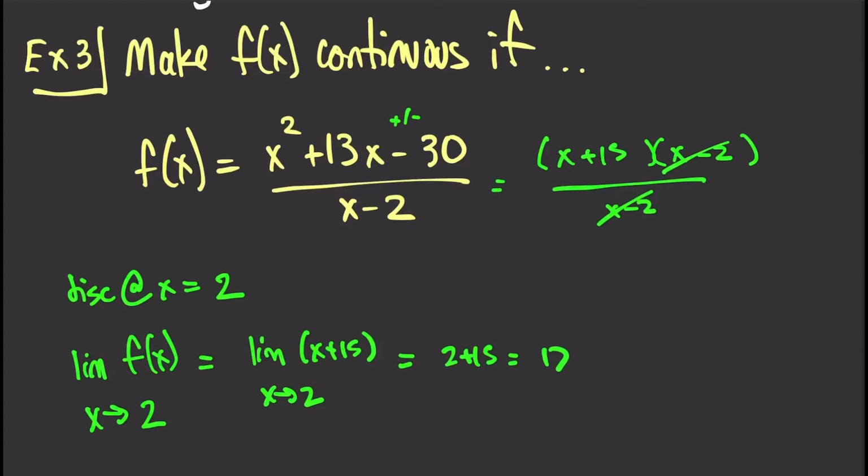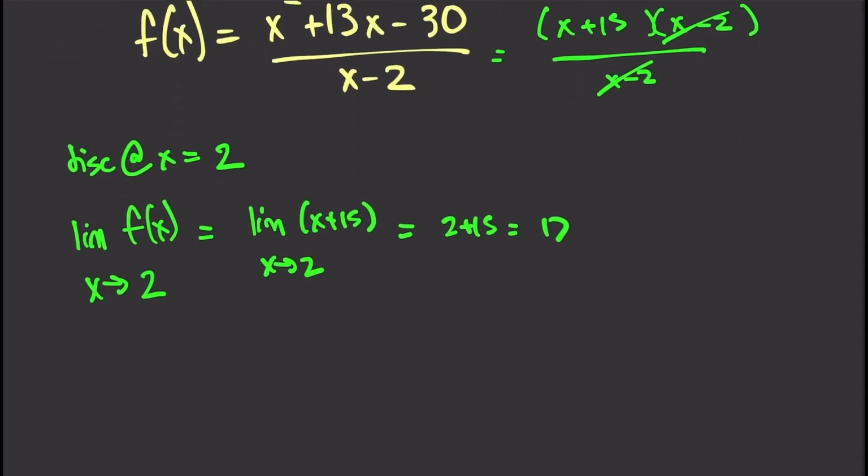Okay, so here's what we have. The function has discontinuity when x equals 2. But the limit exists. So basically what that's telling me is I've got point discontinuity. Well, how do we make that continuous? We make that continuous by creating a piecewise function.